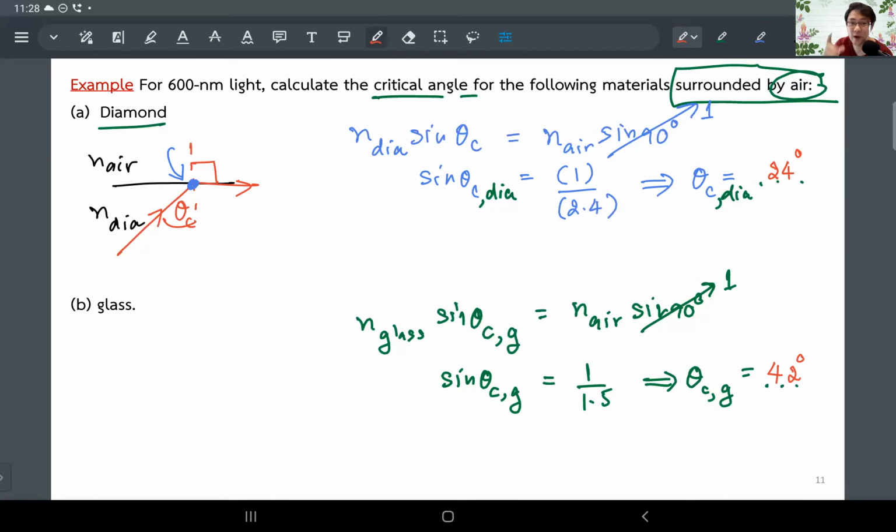This is the reason why diamond is sparkling. It's shiny because it only takes the light going beyond 24 degrees, and it will not penetrate to the other side anymore. It gets reflection. But for the glass, it has to go up to 42 before you start to see reflection.